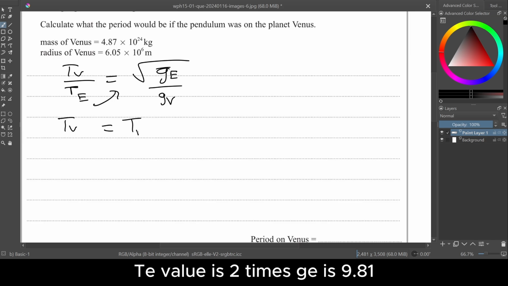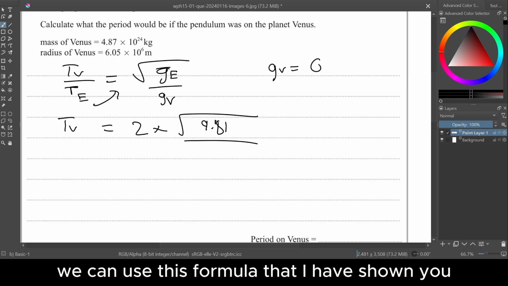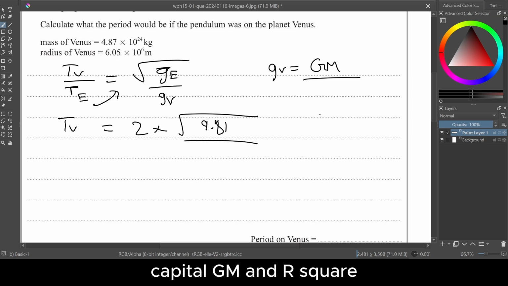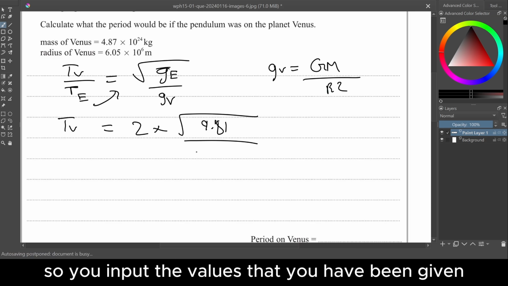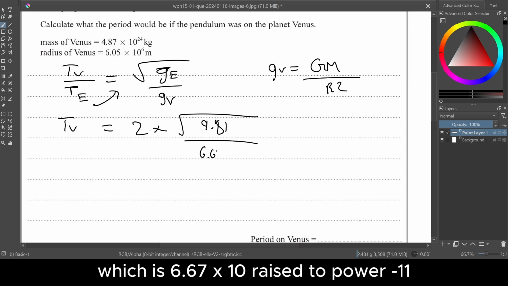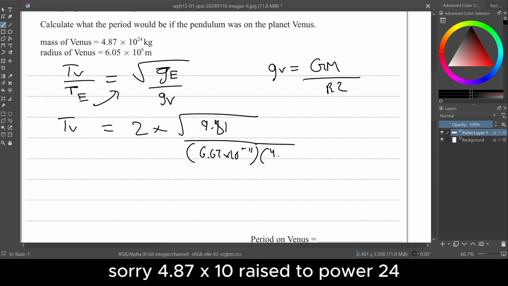TE value is 2, times the square root of GE, which is 9.81, over GV. For GV we can use the formula that I've shown you: the gravitational field strength for Venus is capital G M over R square. So you input the values that you have been given. G has a constant value, which is 6.67 times 10 raised to power minus 11, and then you input the mass value, which is 4.87 times 10 raised to power 24.